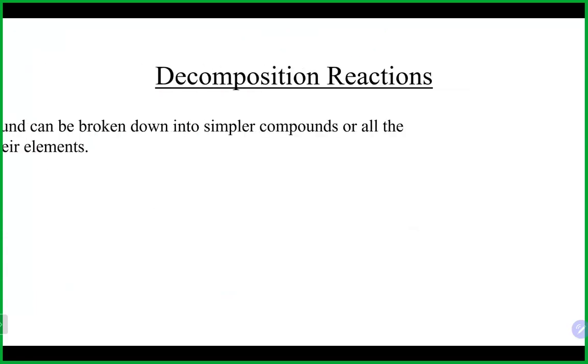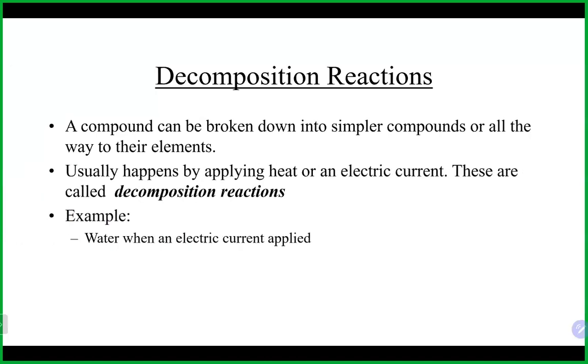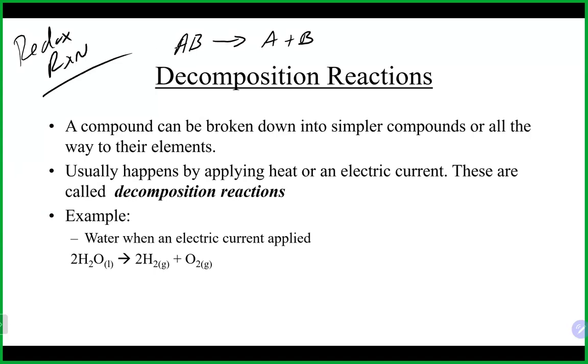The last type of reaction here is basically the opposite of a synthesis reaction, and that is a decomposition reaction. So in a synthesis reaction, we put it together. In a decomposition reaction, we break it apart. We have one thing that makes multiple things. Also a redox reaction here, yeah?